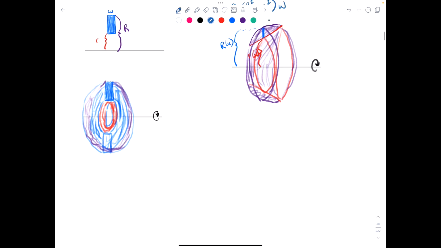Our volume then would be equal to pi times the integral from a to b of the outer radius squared minus the inner radius squared, and all of that with respect to x if you have a horizontal axis of revolution. If you have a vertical axis of revolution, you know what you do. That's for horizontal.